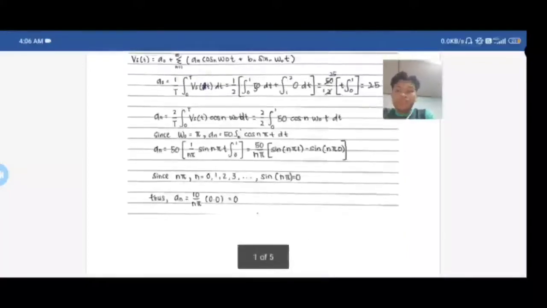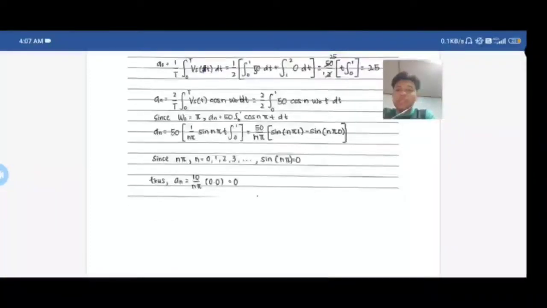So for the An, it is 2 over T, with the limit from 0 to T, and then we plug the values into the formula, which will get 50 times 1 over n pi sine n pi t, with the time limit 0 to 1, equal to 50 over n pi in bracket sine n pi 1 minus sine n pi 0.